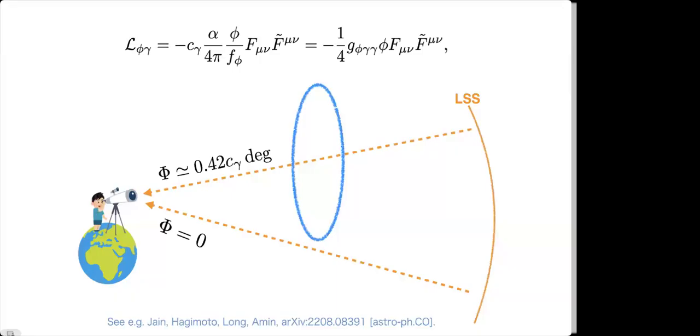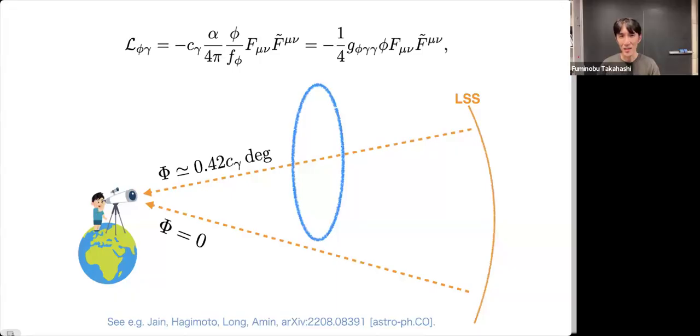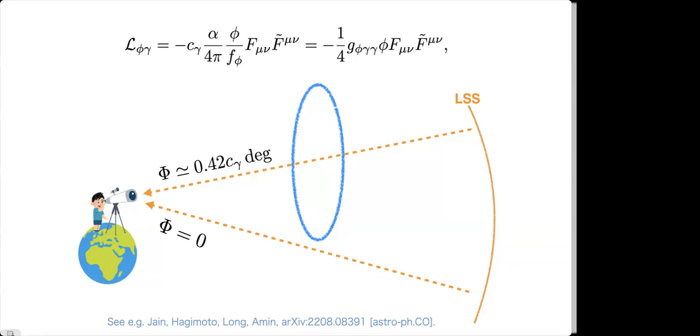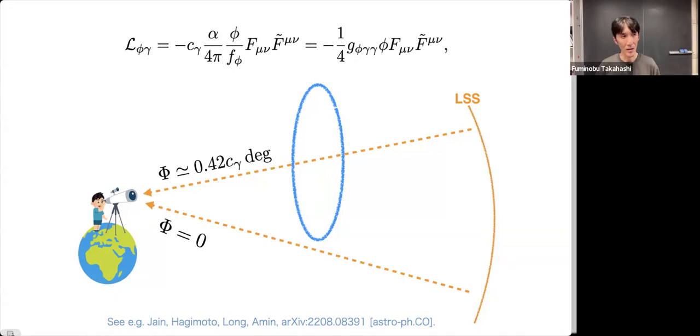Yeah, so one of the features of our solution is the existence of a light axion. In addition to the QCD axion, we expect the existence of a lighter axion-like particle, and you could search for these light axions through various types of direct search experiments or astrophysical observation and so on.